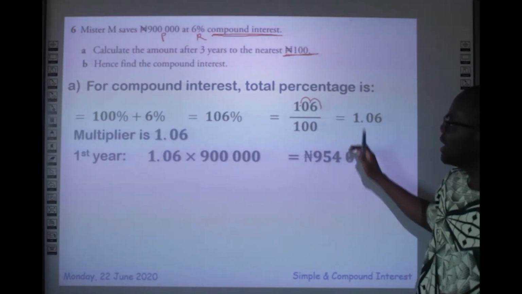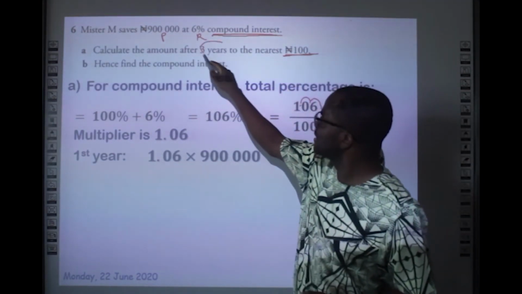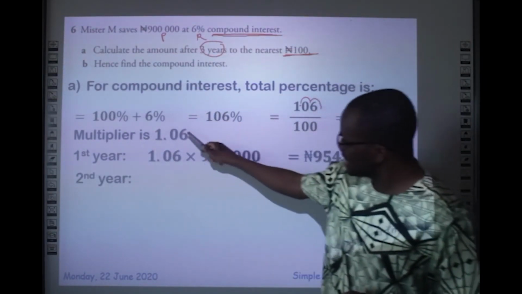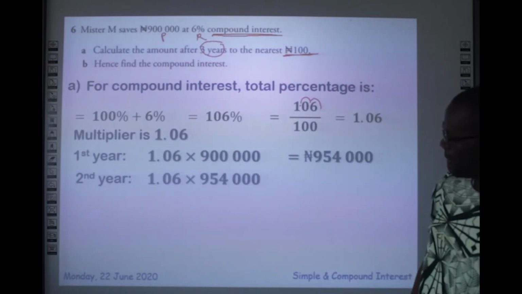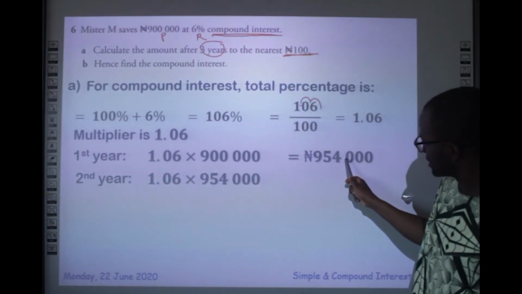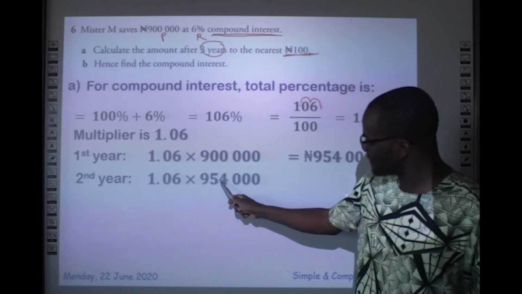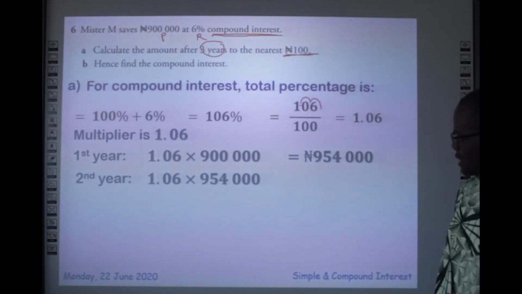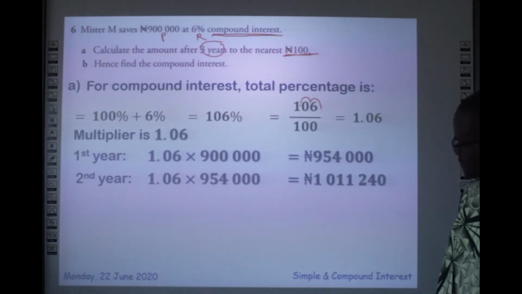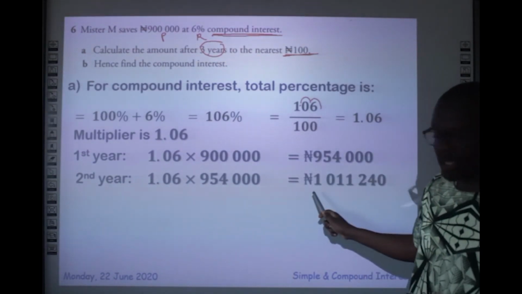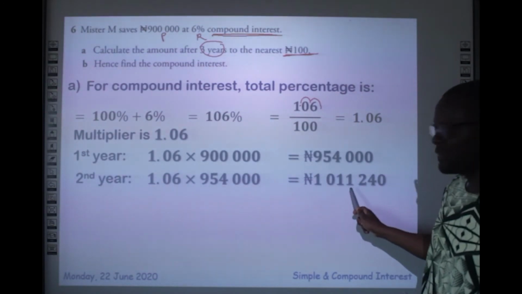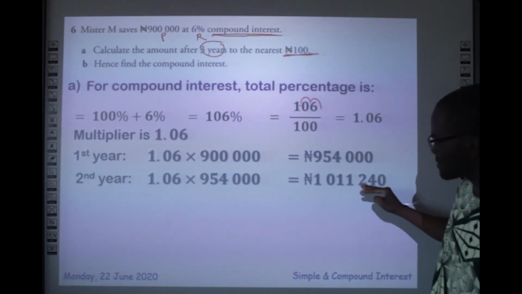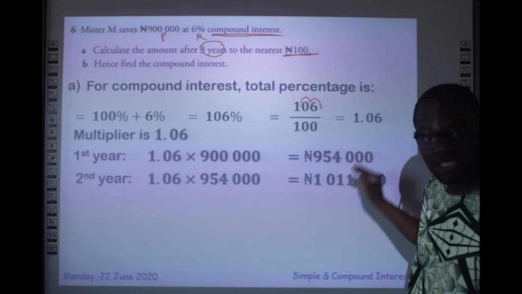But don't stop there. We're going up to 3 years. So you move on to the second year. For the second year, again, you have your multiplier, but this time you will be multiplying by 954,000 naira. When you do that, you will get 1,011,240 naira at the end of the second year.